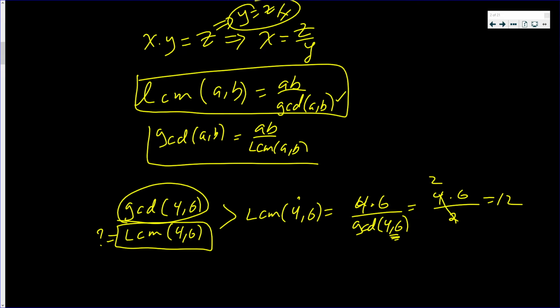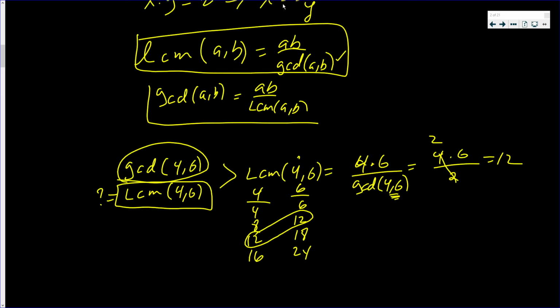The LCM of 4 and 6 is 12. And of course it is. So here are the first few multiples of 4, the first few multiples of 6. Look at that. Not only is 12 a common multiple, it's the least common multiple.